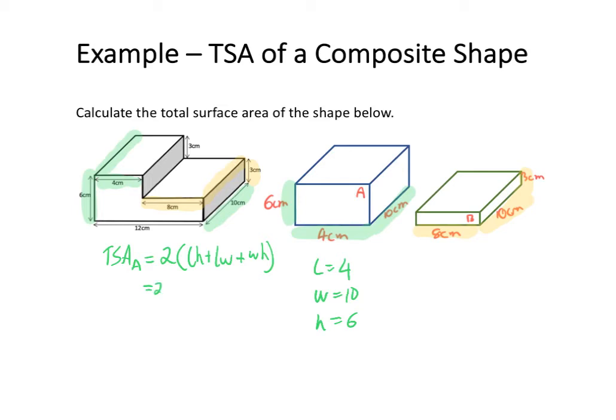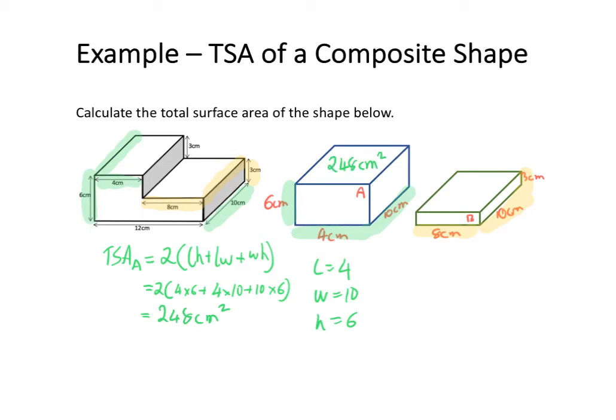It's going to equal 2 times 4 times 6 plus 4 times 10 plus 10 times 6. Putting that into our calculator to work out the total surface area of rectangular prism A, which is equal to 248 centimeters squared. So we'll add that into our diagram up the top.